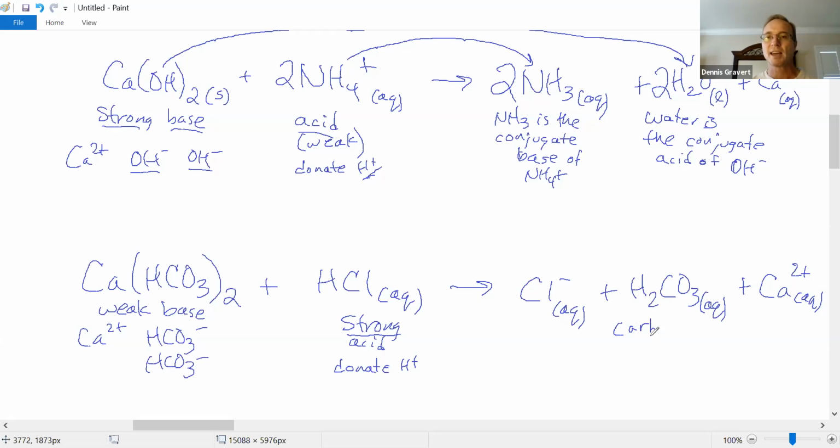This is carbonic acid. So way back in some previous video when we introduced carbonate, I know carbonate is this ion, but bicarbonate is very similar, reacts the same way as a base, and that is carbonic acid, H2CO3, is unstable, and it falls apart to form water, which is a liquid, and carbon dioxide, which is a gas.